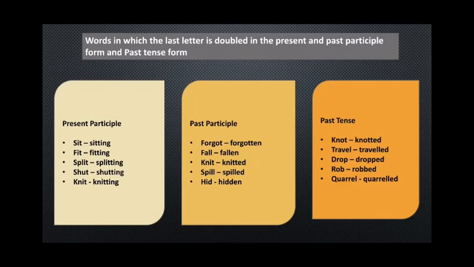You can't do that with write. In write, when you make it a present participle, it will be writing. So, the last letter is not doubled. You need to keep in mind when the last letter should be doubled.